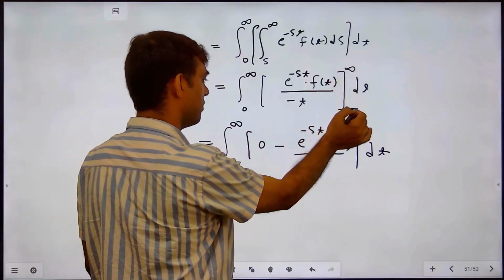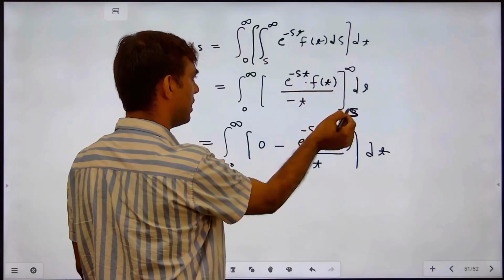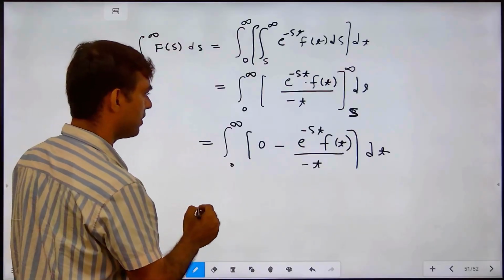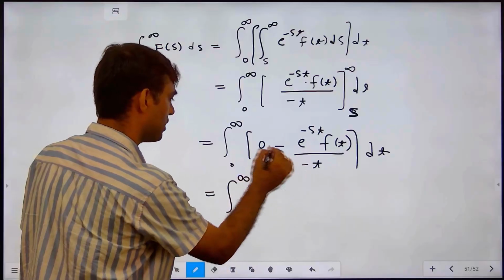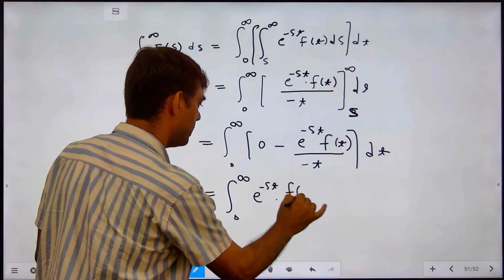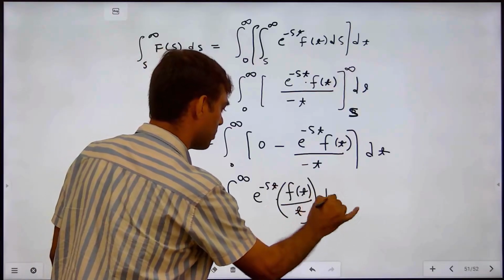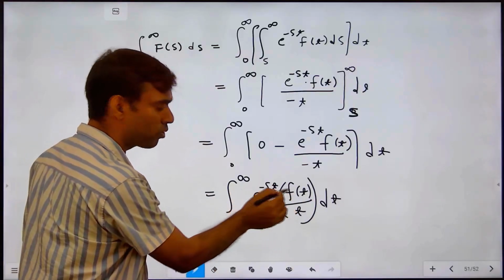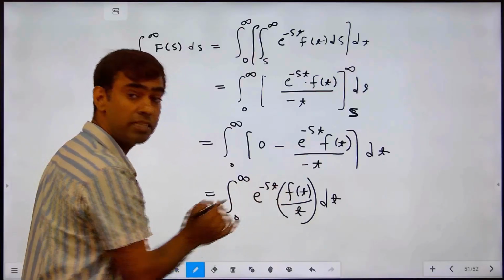Minus, if we put the lower limit, then we have e to the power minus st f(t) upon minus t. If we simplify, minus becomes plus, and this becomes the integral from 0 to infinity of e to the power minus st times f(t) upon t dt. By the definition of the Laplace transform, this is the Laplace transform of f(t) upon t.